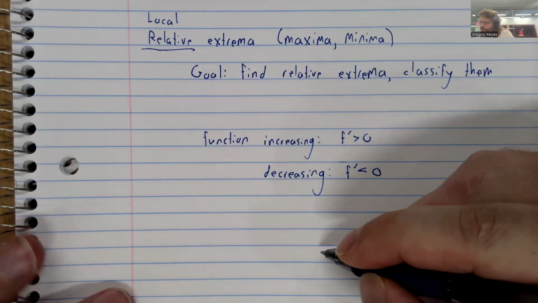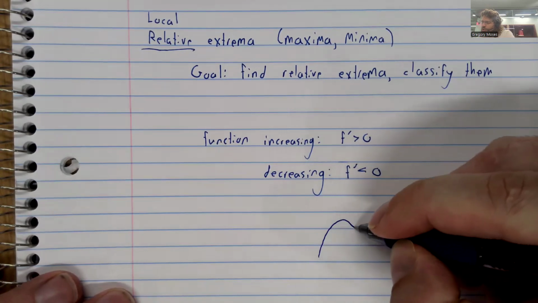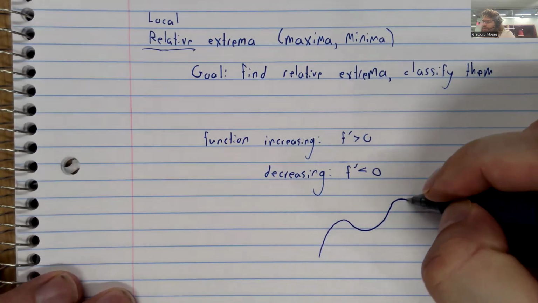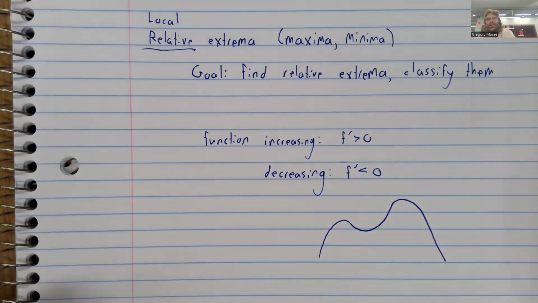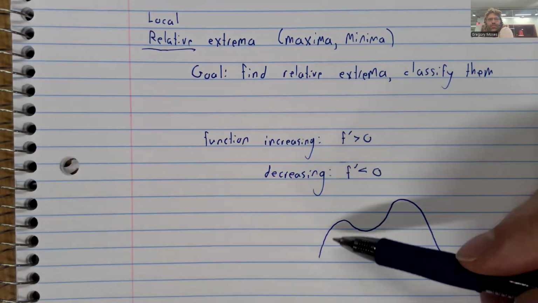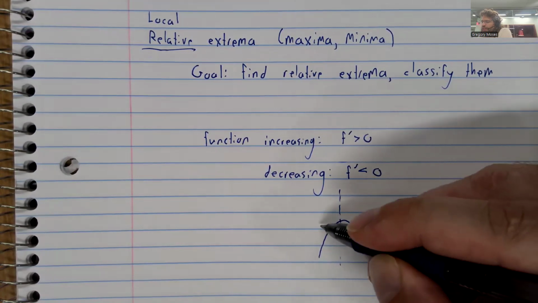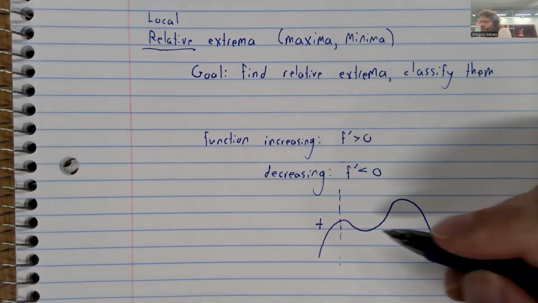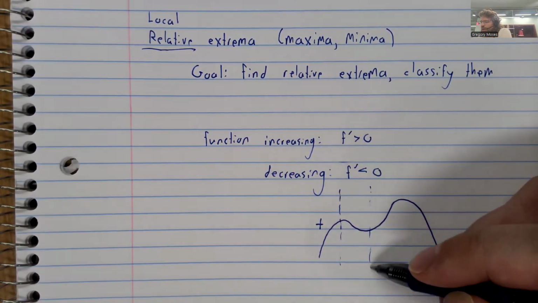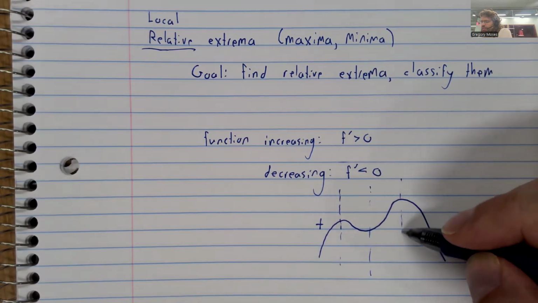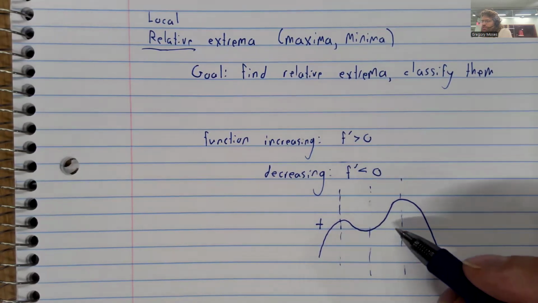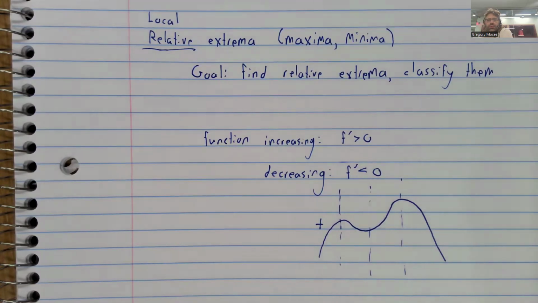So you look again at this picture, and where this function is increasing, the first derivative is positive. This function goes up, then it goes down, then it goes up, then it goes down.